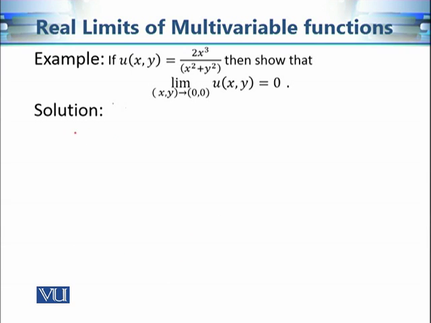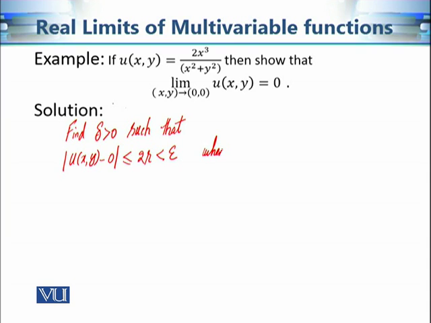So in other words, we want to find delta greater than 0 such that u of xy minus 0, which is less than or equal to 2r, is less than epsilon whenever the distance between xy and 0, 0, which is the square root of x minus 0 squared plus y minus 0 squared, is less than delta. So we need to find this delta.